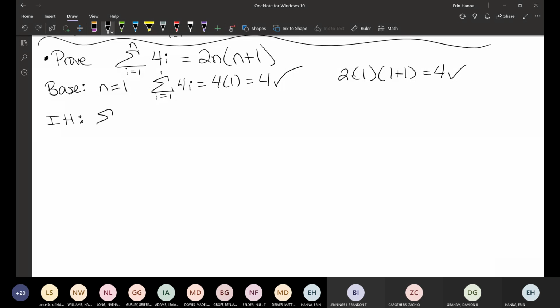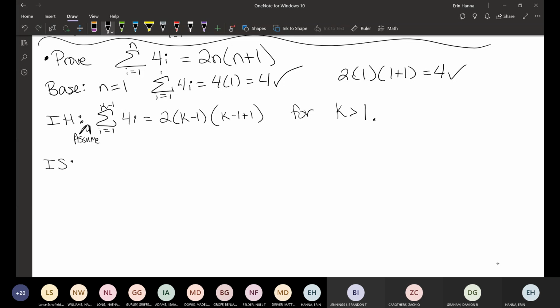We want to assume that this entire thing is true for k minus 1. I forgot to say assume. So assume that is true for k greater than 1.